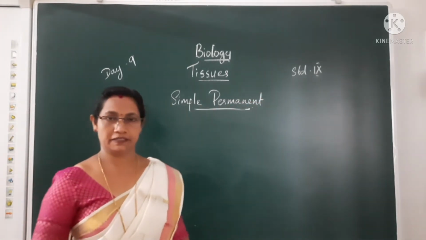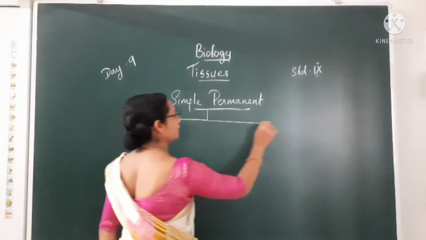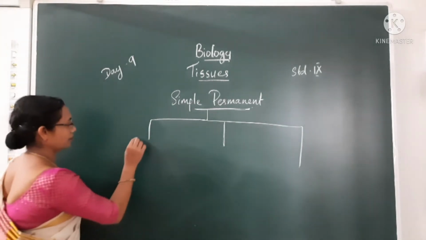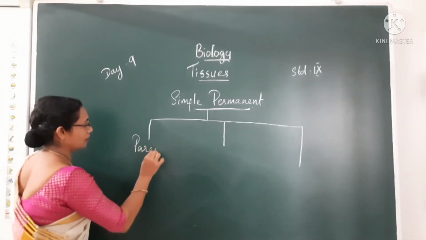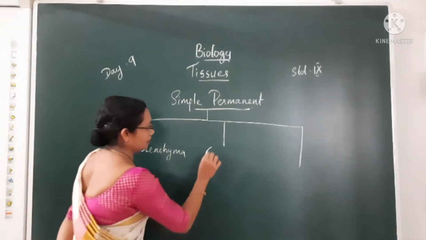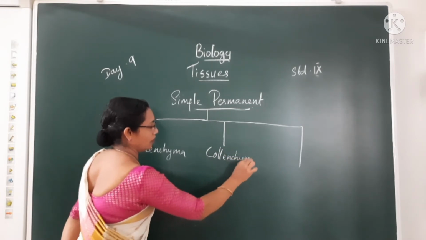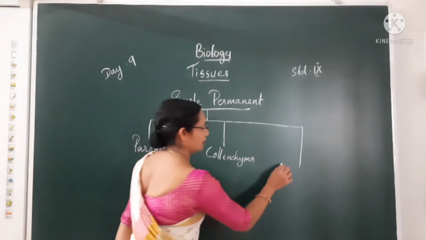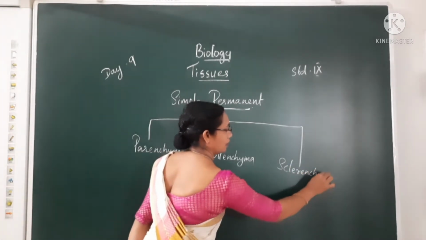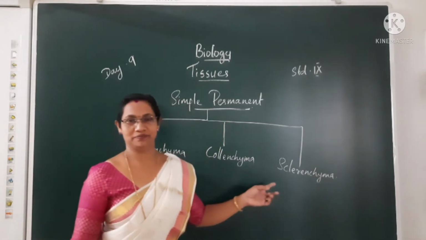Mainly they are of three types: parenchyma, collenchyma, and sclerenchyma.